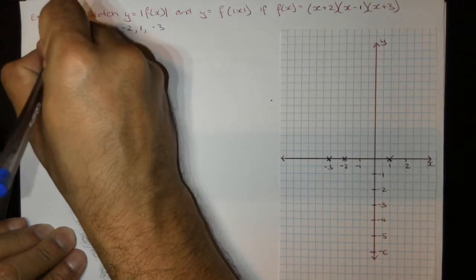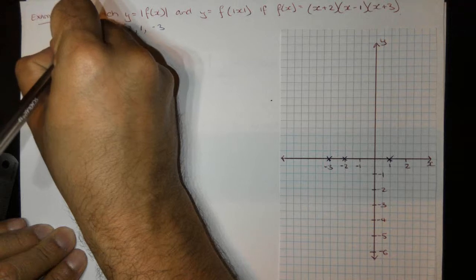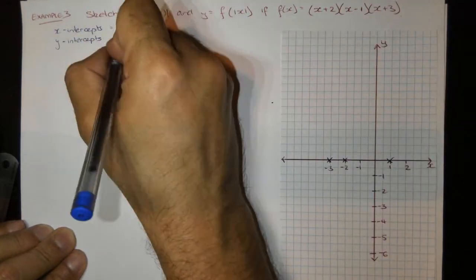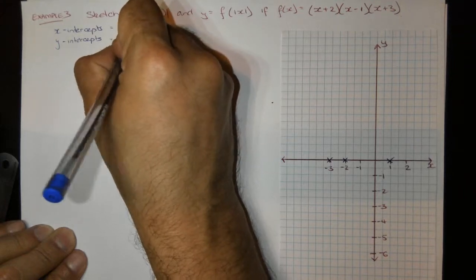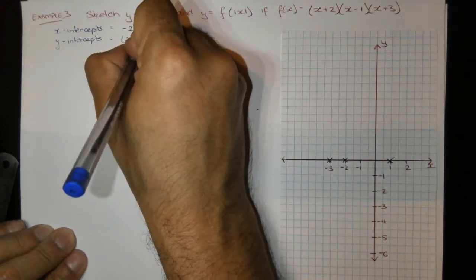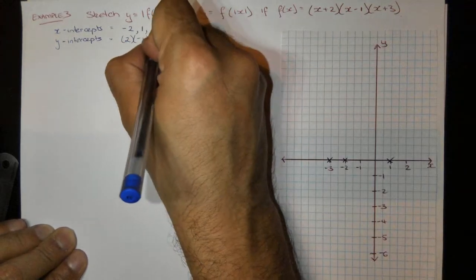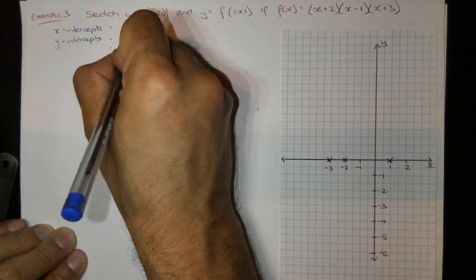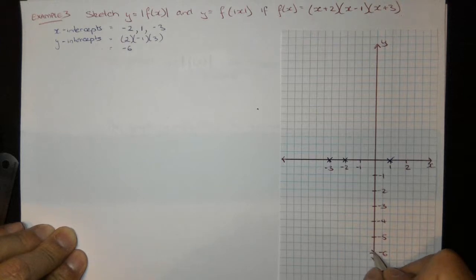The y-intercept happens at 2 times negative 1 times 3. So negative 2 times 3 is negative 6. So down here.